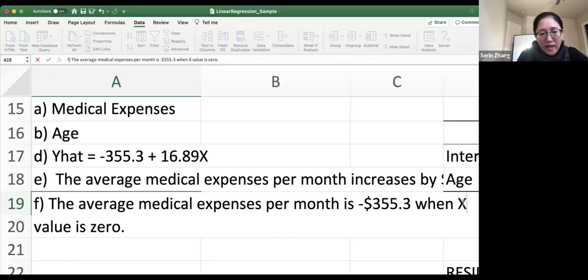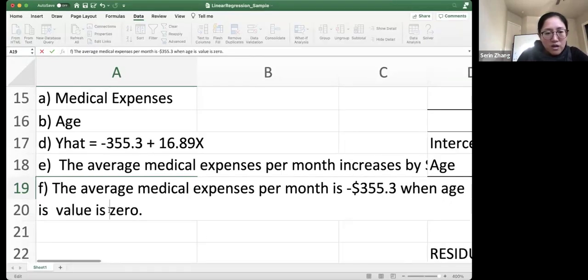And when the x value is 0, when age is 0, it's kind of weird, but just from the model, you can say if your age is 0, the medical expenses is negative.